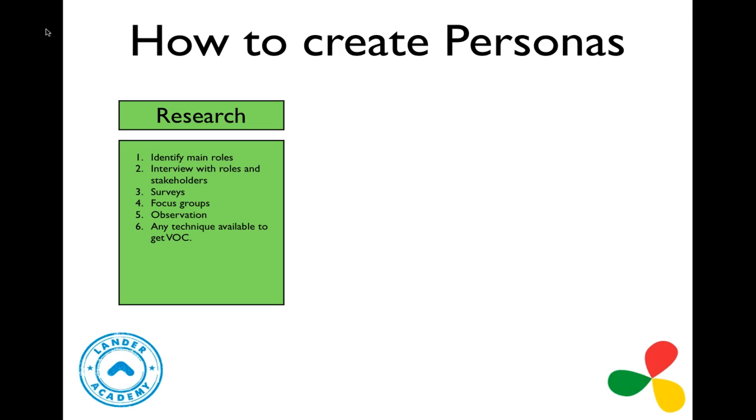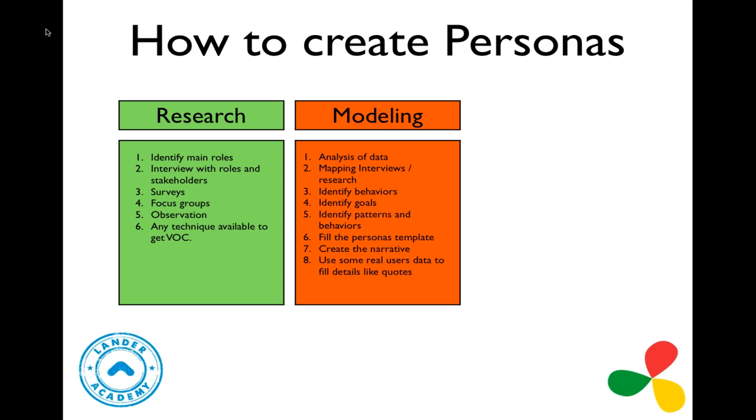Okay, let's imagine that we did these 20 interviews. Which is the best way? If you ask me, interviewing for sure. Then this is the Kim Goodwin's model from Cooper. Then it's modeling, and modeling is very, very interesting. What you do is you put all the data, group it by roles, and you have to identify behavior variables.